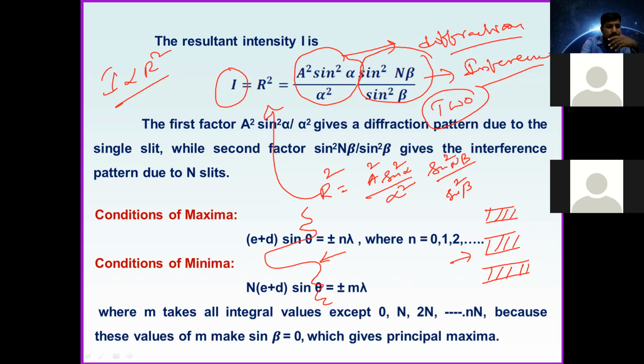Important question. Left side central maximum, and I'm not asking about the central maximum. What is the phenomenon that is going on? Diffraction or interference? Left interference, sir. Left interference or right interference?